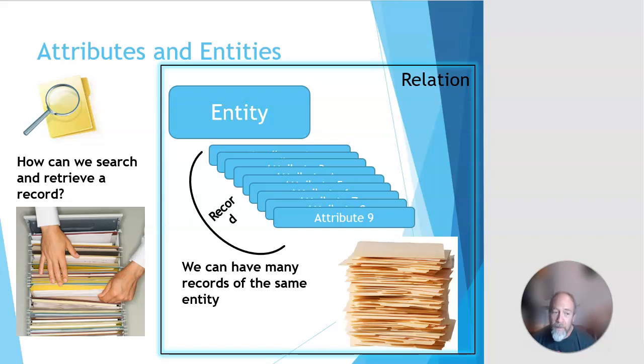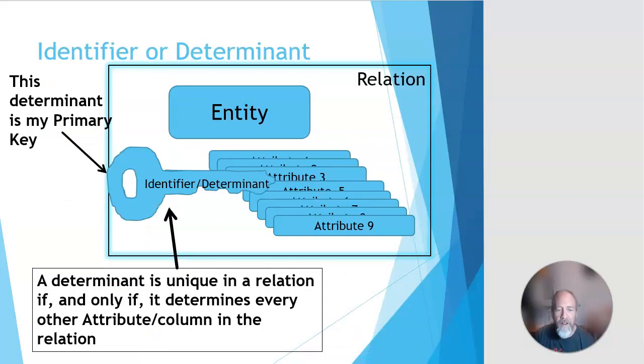One of the things that we're going to be doing with databases is retrieving records. We're going to be able to find them and retrieve them and get all the attributes. So if we want all the information on a student, we should be able to take some information about the student and hunt it down pretty easily. In the organizational scheme, it makes perfect sense that we have something that identifies the entity.